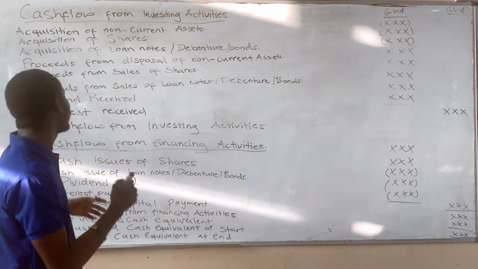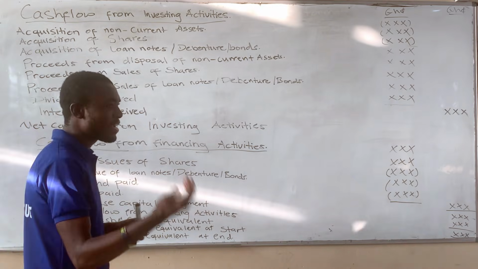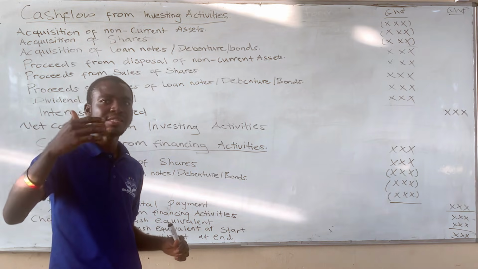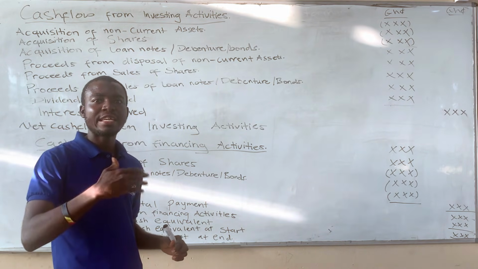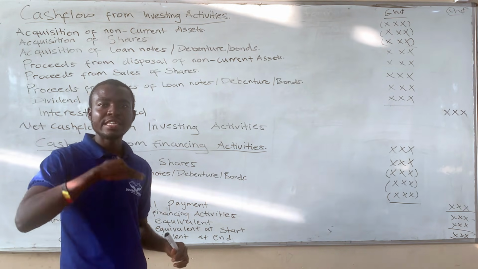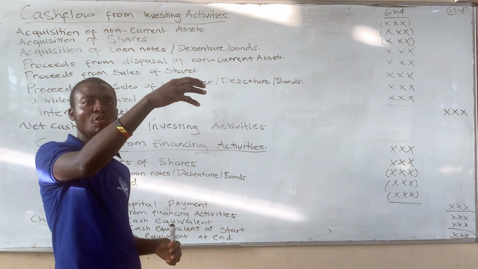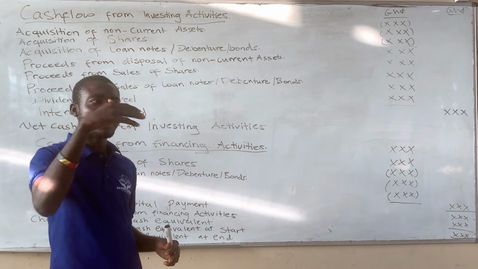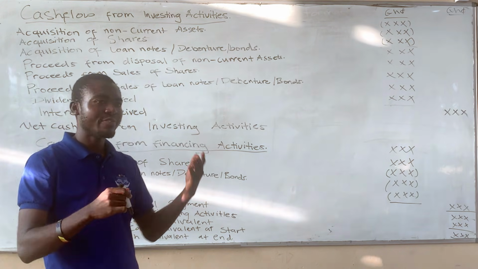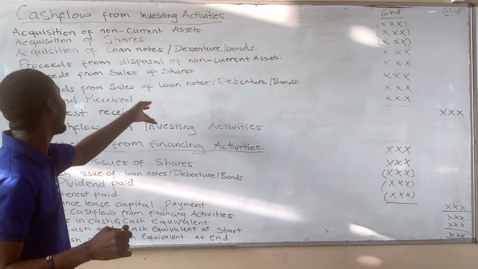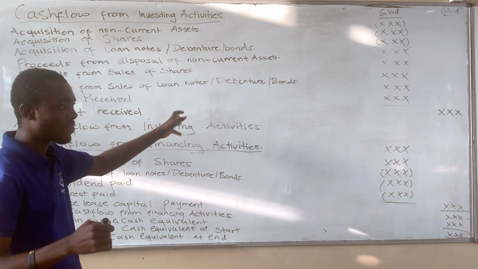That, you add. And then in case the organization has shares in another organization, and at the end of the year the other organization declares dividends, the dividend that the organization will receive from the organization it invested in, you record under investing activities.